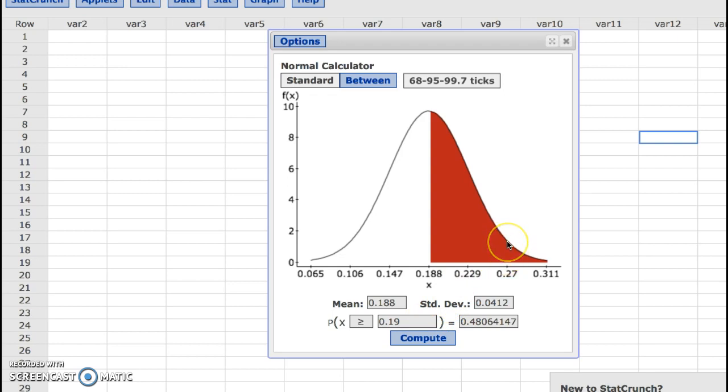We're going to be looking at, according to the empirical rule, if we round to 27%, approximately 2.5%. So we know that 95% of the data is within 2 standard deviations, 2 below, 2 above. So that leaves 5% above the 2 standard deviations, or 2.5% for each tail. So I'm expecting to see roughly 2%, 2 to 3%.